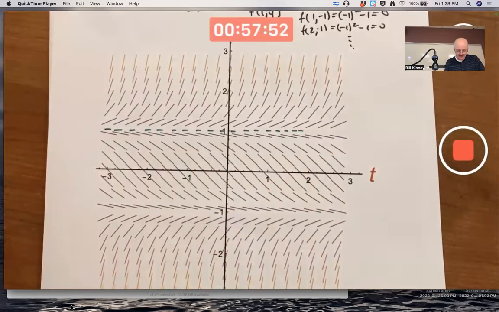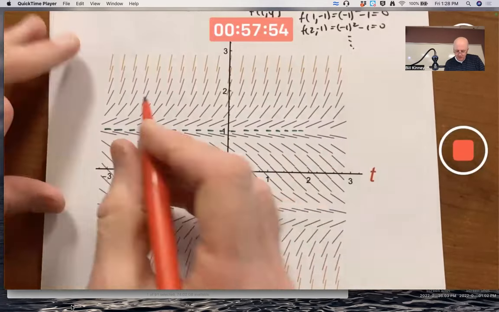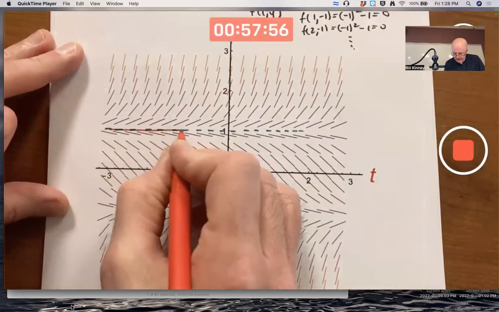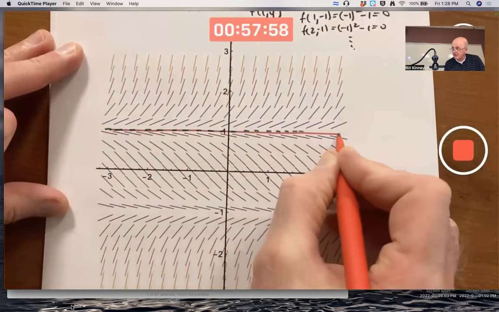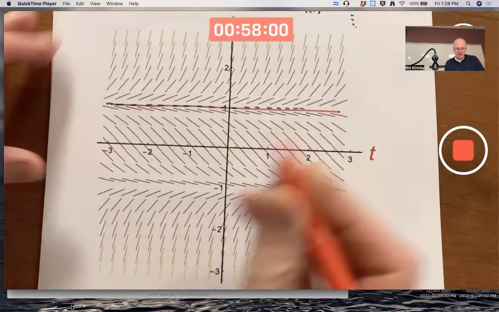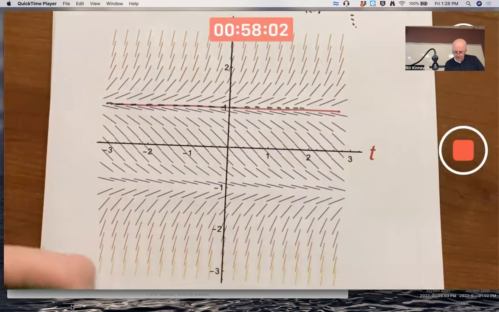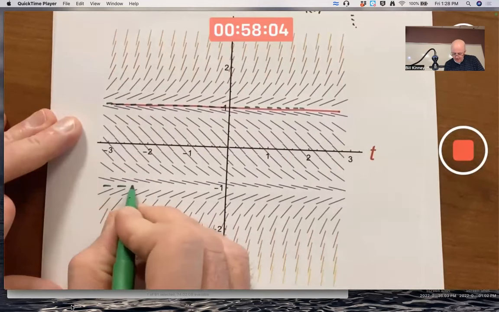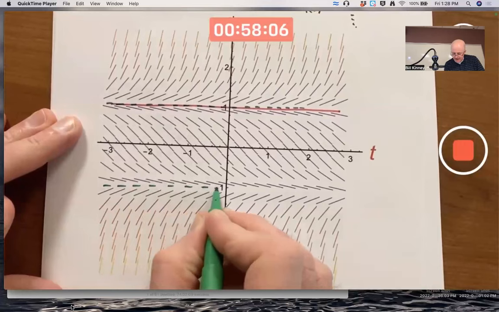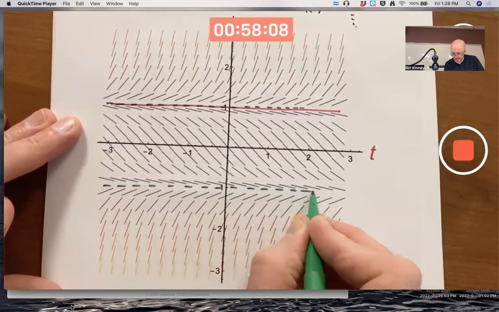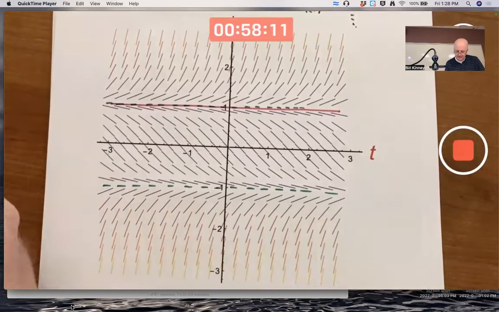And yes, that does mean the constant function y equals 1 for all t is a solution. That also happens at y equals -1. The slopes of the line segments would be 0, and y equals -1 would also be a solution.